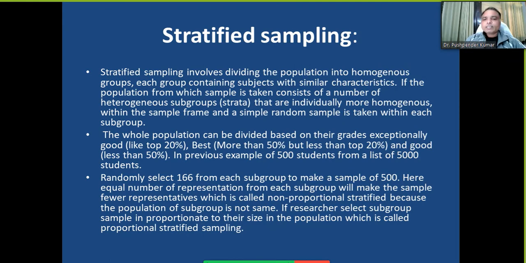I hope you understand what I am talking about. So if I collect 166 from each group, it would be non-proportional stratified, because the subgroup populations are not the same. If researchers select subgroup samples in proportion to their size in the population, it is called proportional stratified sampling.